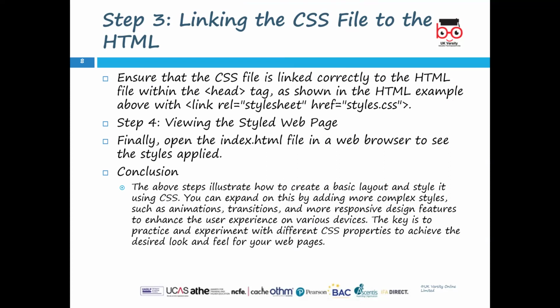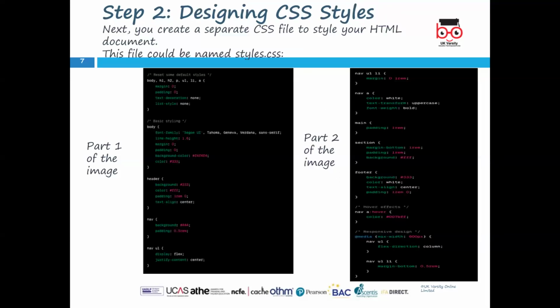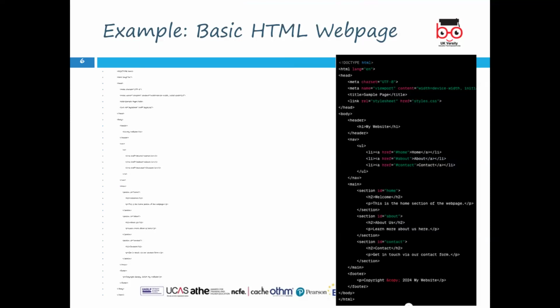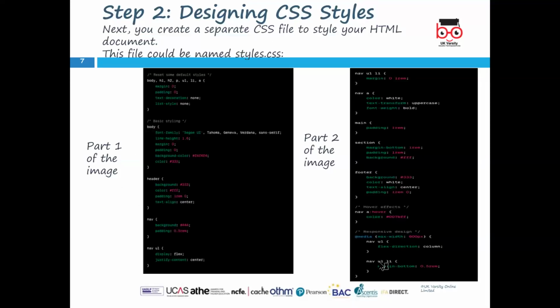So we have seen the steps that have to be followed. Step 1 has to be to define our HTML structure with our HTML page. Then step 2, we need to choose.